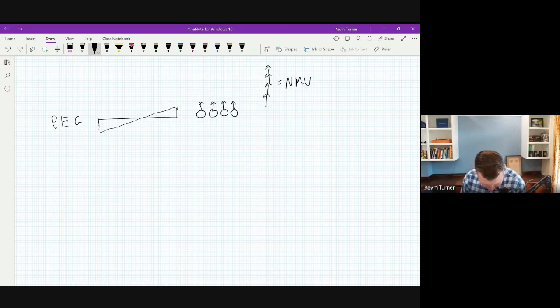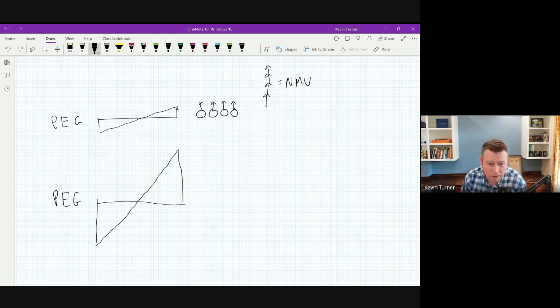If you have a phase encoding gradient with a very steep slope, it will dephase the protons more, right? It will make the protons much more dephased.